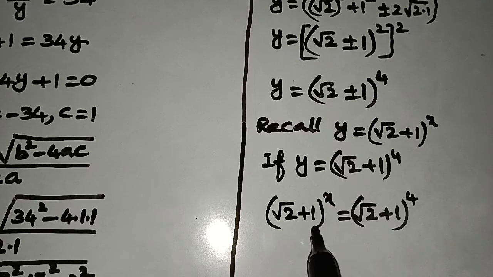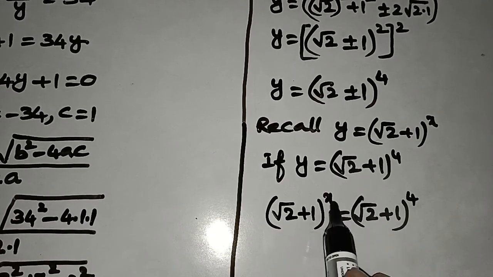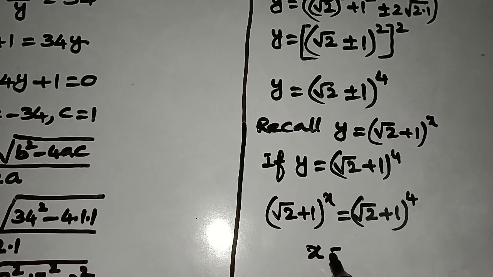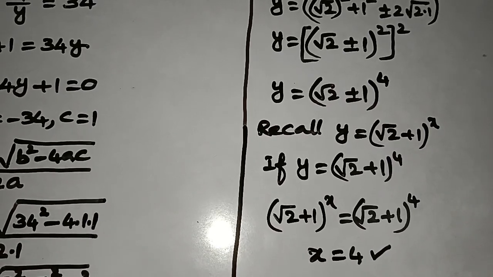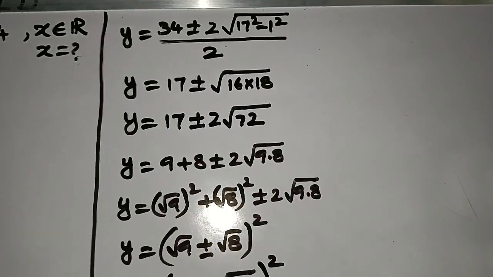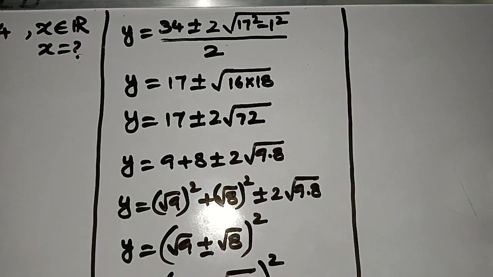So comparing the left hand side and the right hand side, the bases are same and equality is present, so the exponents should be equal. So x is equal to 4 is a solution here. And to get the other solution, we take another value of y.